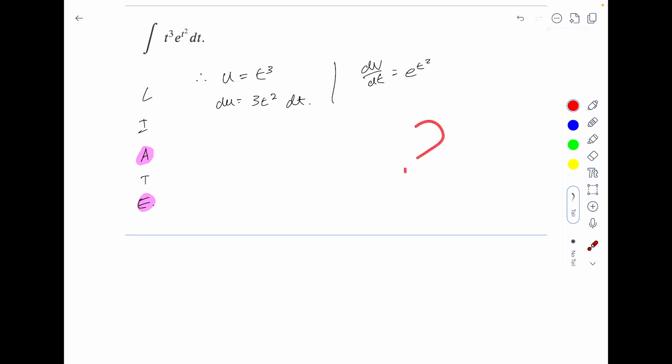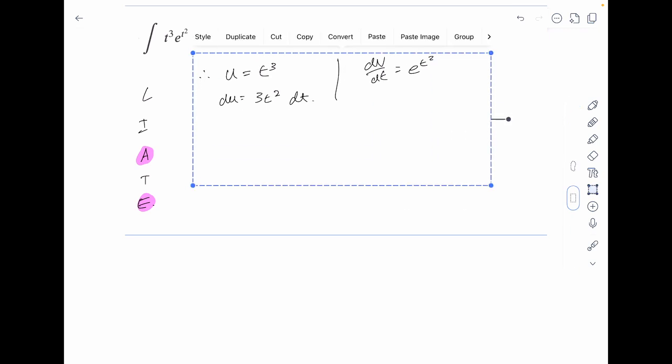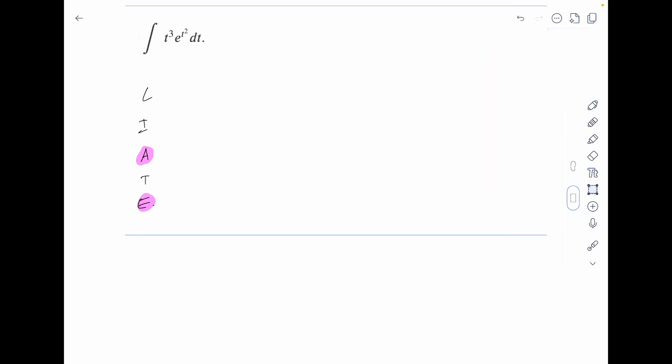So what do we do? Well, in a situation like that, what we need to do is we're going to say, look, let's make u equal t squared, which means that du is equal to 2t dt. Simple enough.